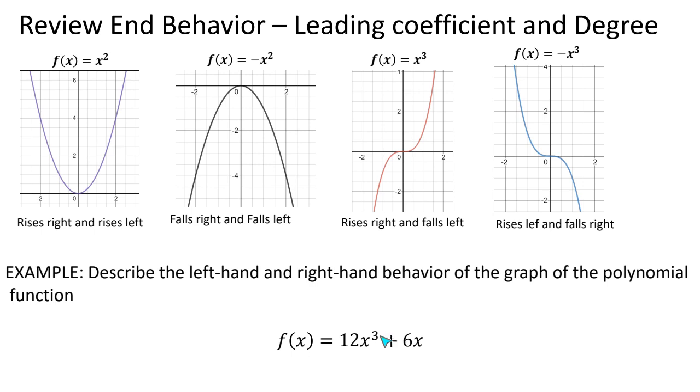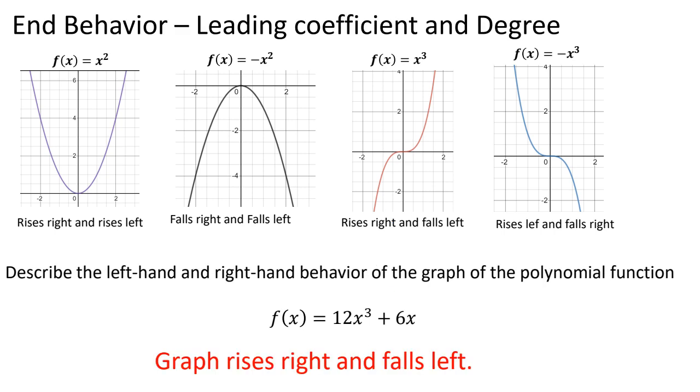Since it has an odd degree, we're looking at either this example or this example, and it's a positive coefficient. So the behavior is going to act like this graph here that I have my mouse going over. And so for my answer, I would just write that the graph rises to the right and falls to the left.